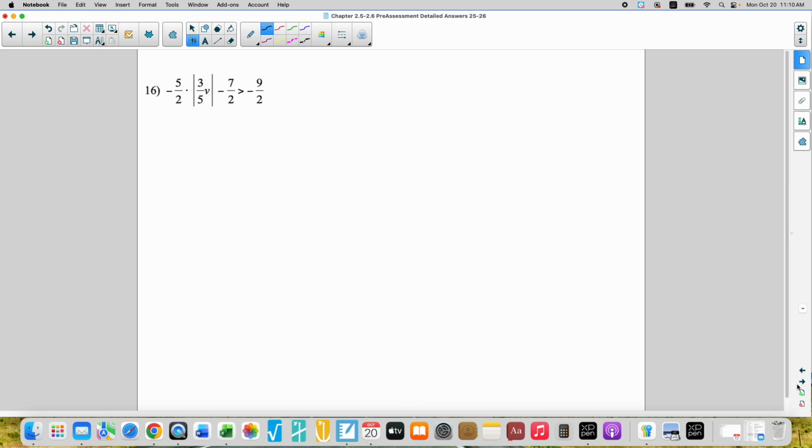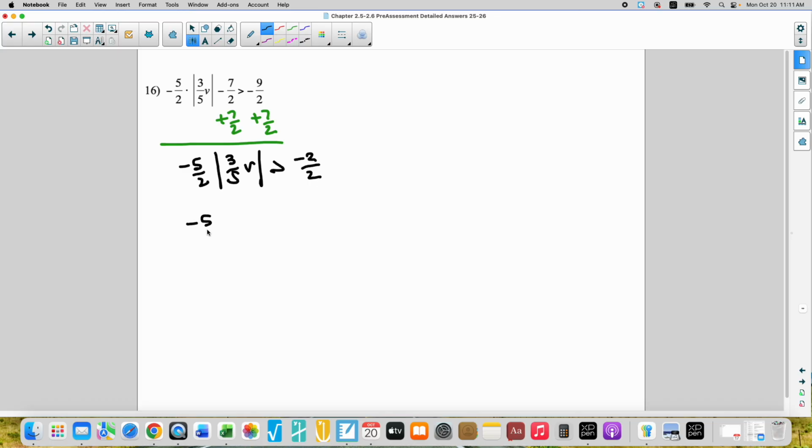And the last problem. Look at that. We've got things being subtracted, things being multiplied, and we've got absolute values. Let's get rid of the things being added and subtracted first, leaving me with negative 5 halves times the absolute value of 3/5 v is greater than, they have like denominators, negative 9 and positive 7 is negative 2 over 2.